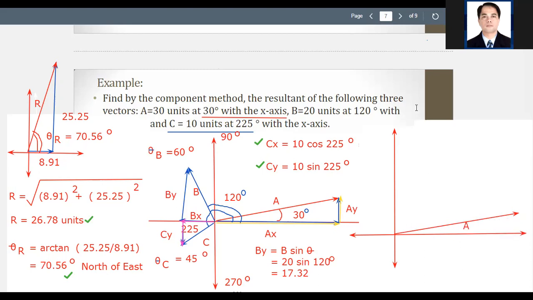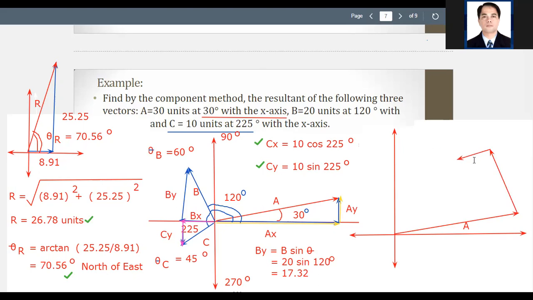If we use the tip-to-tail or graphical method, we draw B at the tip of A. B is around 20 units at 120 degrees. And then lastly, you go for 10 units at 45 degrees.